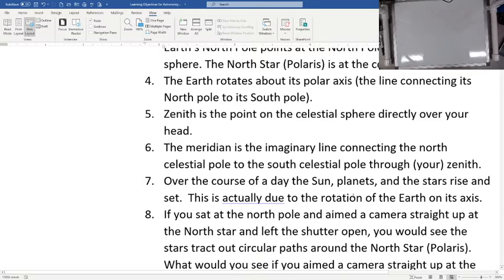In fact, what's really happening, as we showed in the picture a minute ago, is that the Earth is rotating in the opposite direction. The stars, the sun and the planets all appear to be rising in the east and setting in the west, but what's actually happening is that the Earth is rotating in the opposite direction, and so we're constantly turning toward the east, seeing more and more stars rise above our eastern horizon.